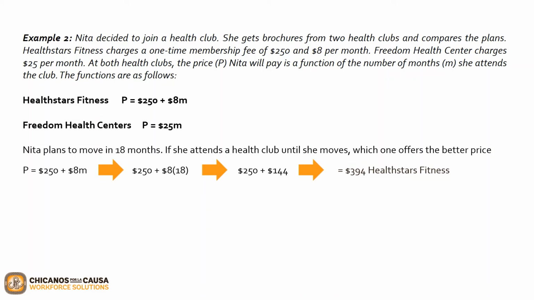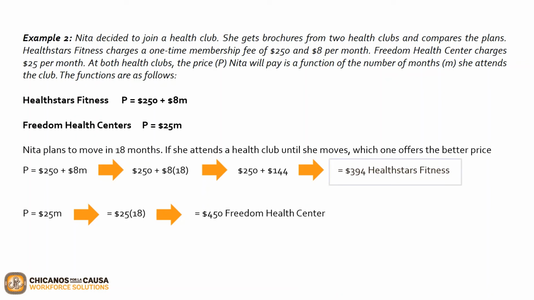If we plug in that 18, that gives us $25 times 18, which gives us a total of $450 for Freedom Health Center. If she's trying to decide which one is going to offer the better price, we can see that there is a difference between both health centers. It's about $50 plus. Given that Health Stars Fitness is a cheaper option, we can say that this is going to be a better deal for Nita for those 18 months.